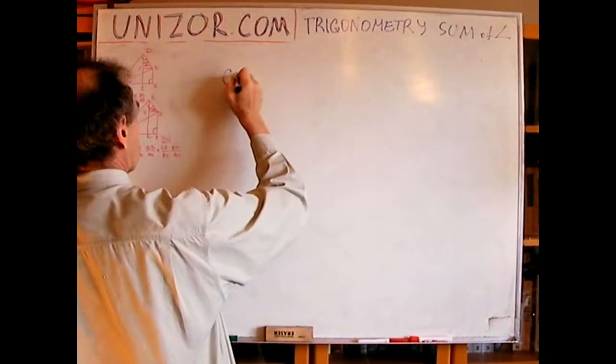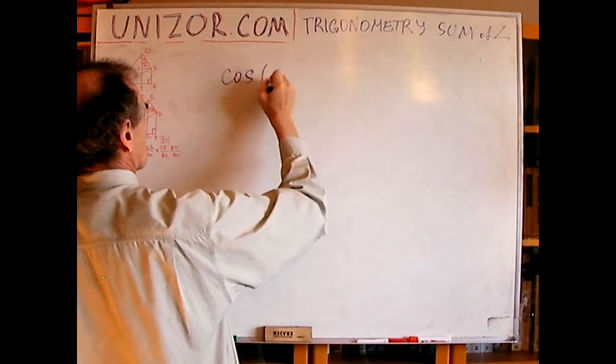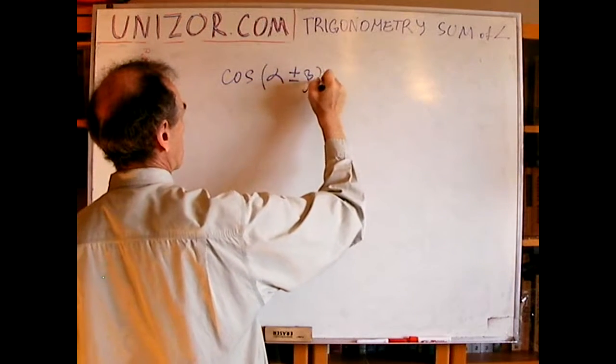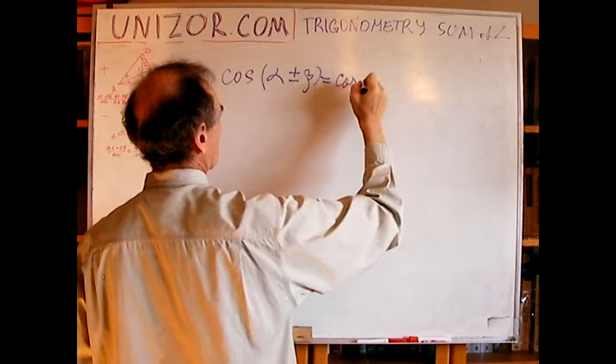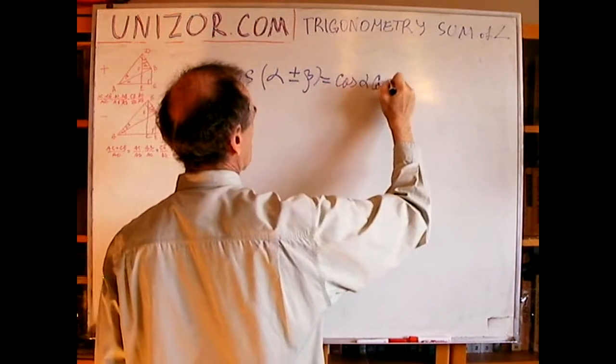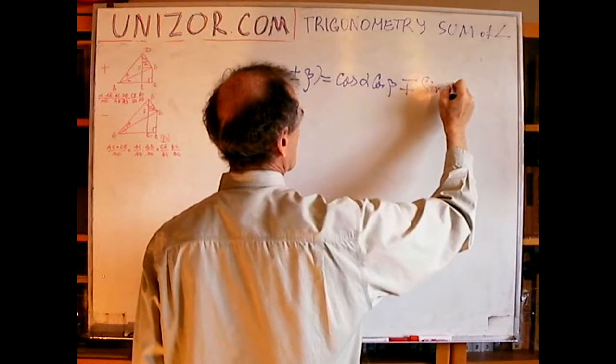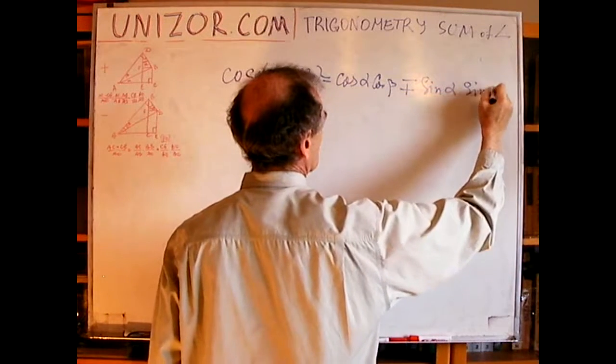Cosine of alpha plus minus beta equals cosine alpha cosine beta minus plus sine alpha sine beta.